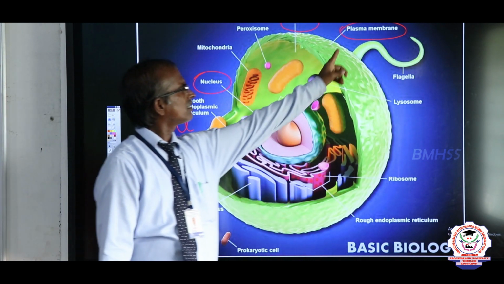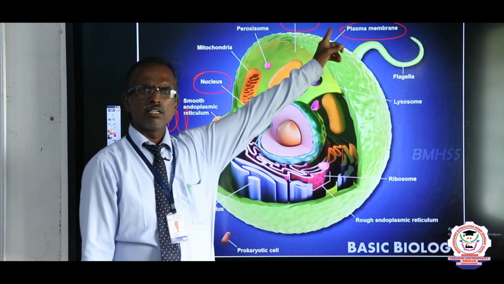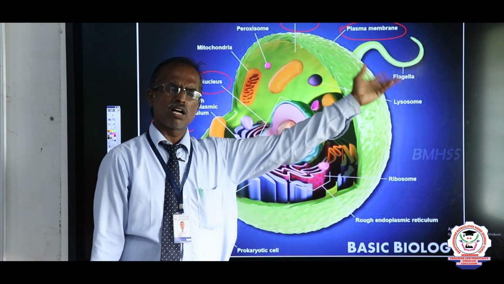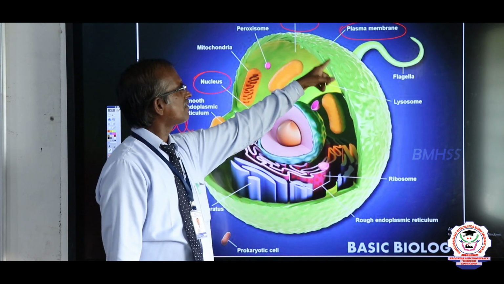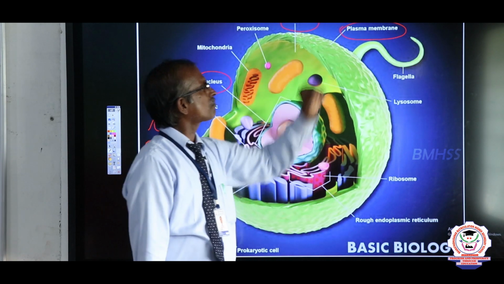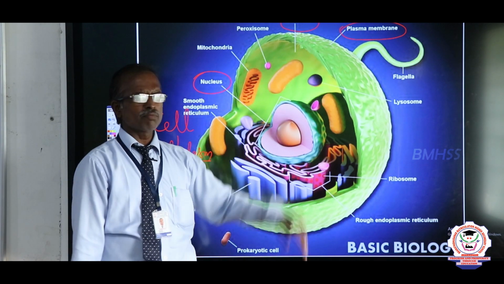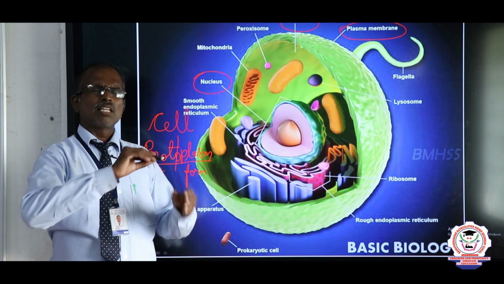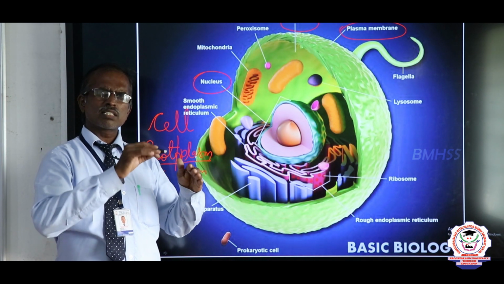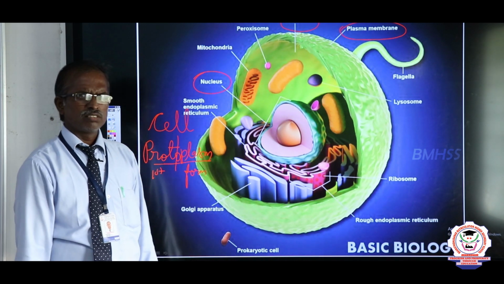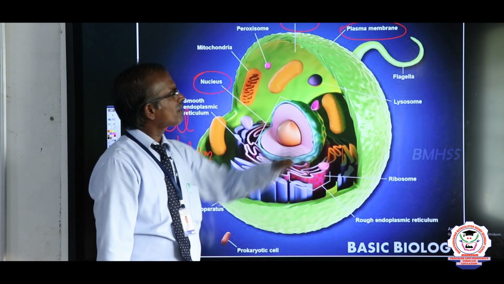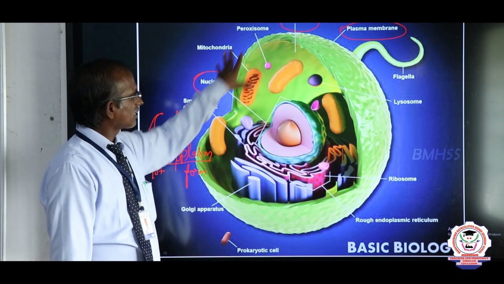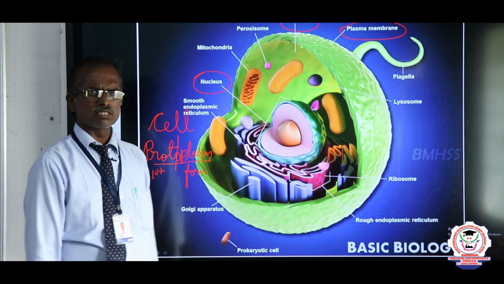Now we come to the outermost covering of any cell, whether a plant cell or an animal cell. The outermost covering of an animal cell is the plasma membrane, the thin outer skin covering the cell. It protects all the internal structures.